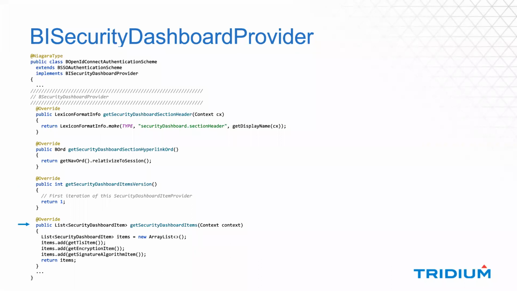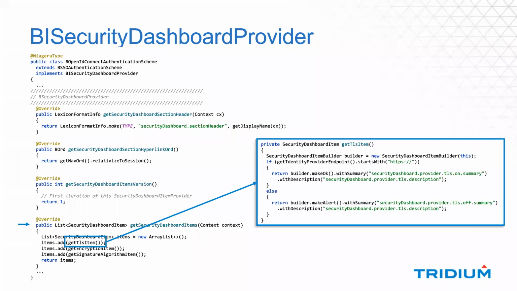Now this part looks exactly the same as it did for the previous example, but if we drill down into get TLS item, we can see the difference. So now we're not iterating over every OpenID Connect scheme anymore because this provider applies only to one scheme. So what we're doing is we're just checking our own identity provider endpoint.